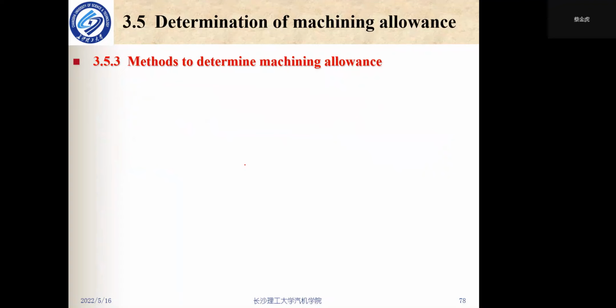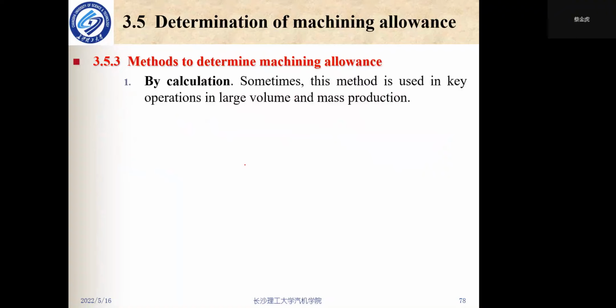But how large the minimum machining allowance should be, and what are the methods to determine machining allowance? And these are the methods. The first method to determine machining allowance is by calculation.